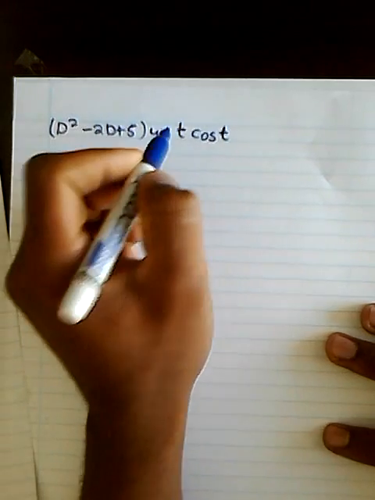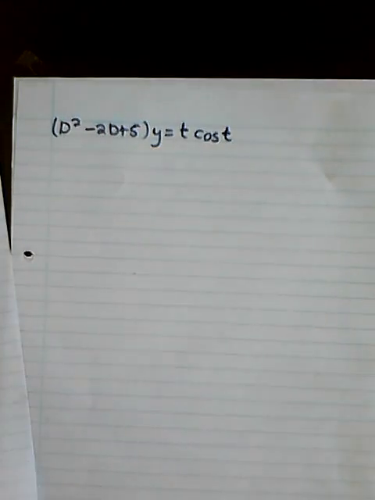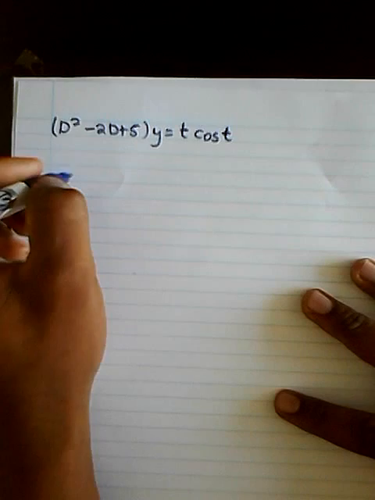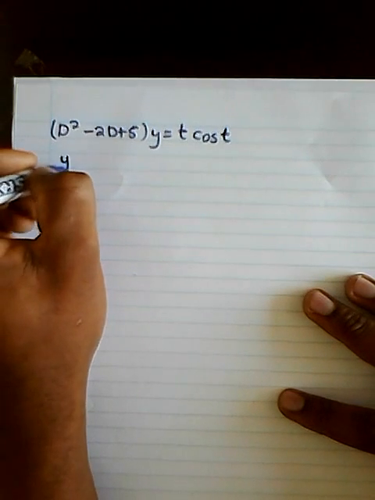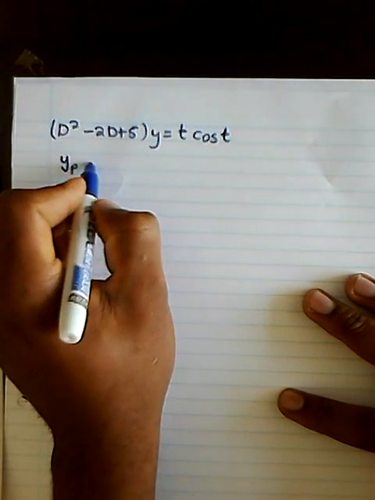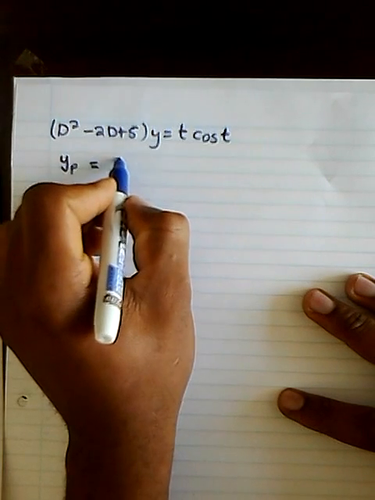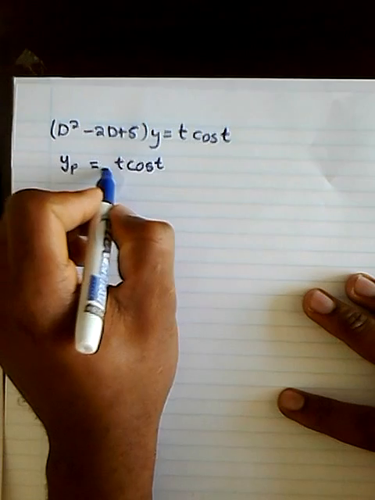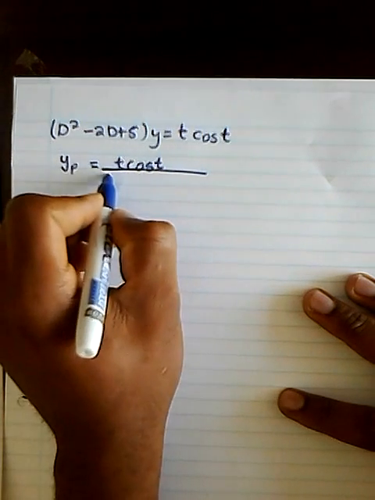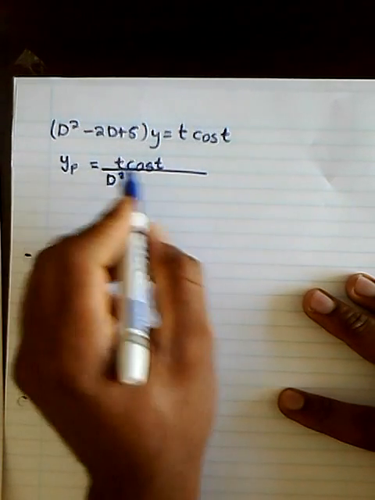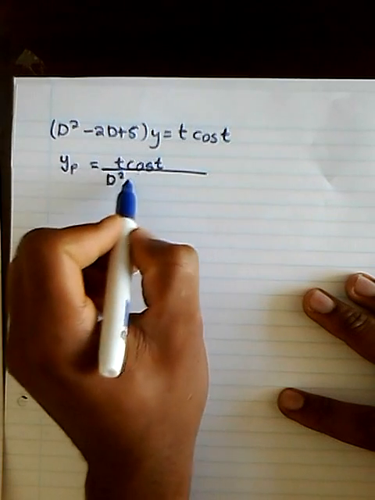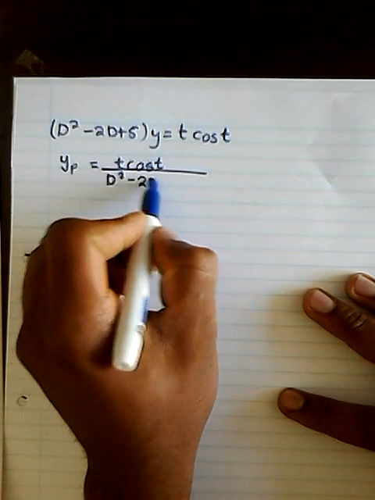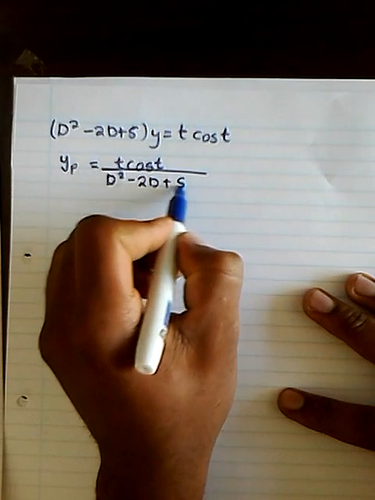Now we know that the particular solution yp is given by t cos of t divided by d squared minus 2d plus 5.